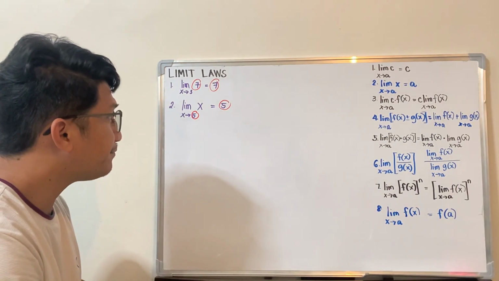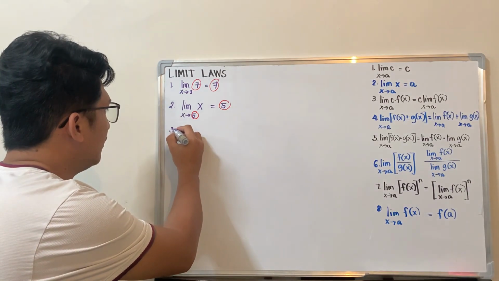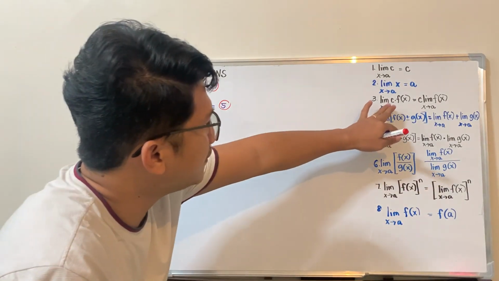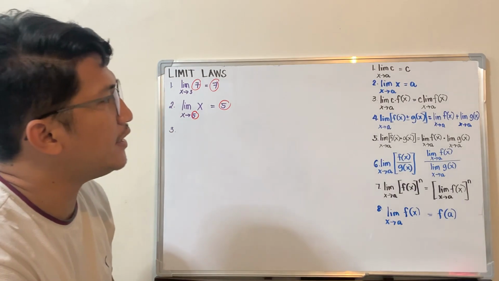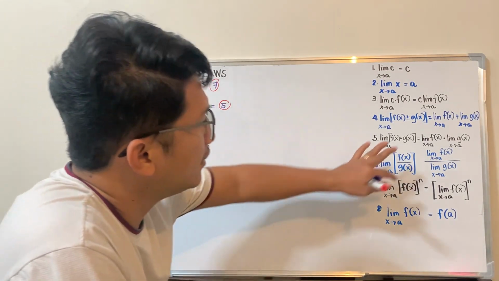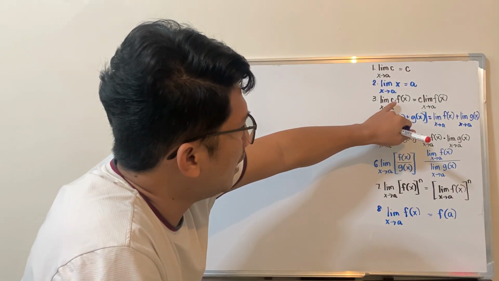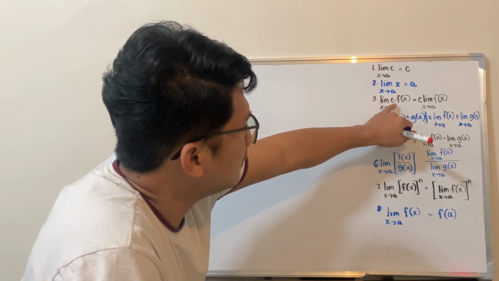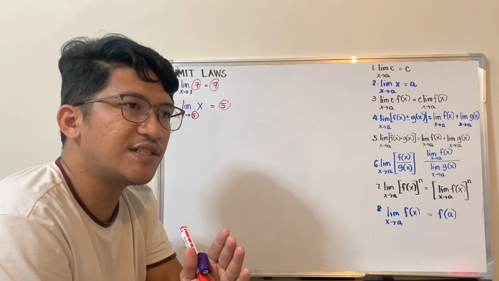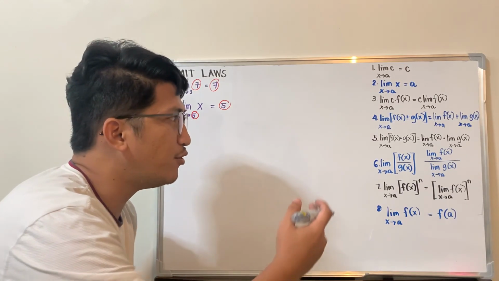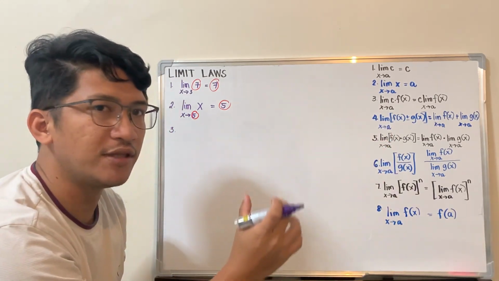Number 3: you have the limit of c f of x is equal to c times the limit of f of x as x approaches a. So the constant multiplied to the function can be taken out, and then you evaluate the limit.